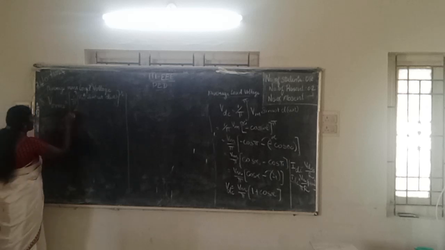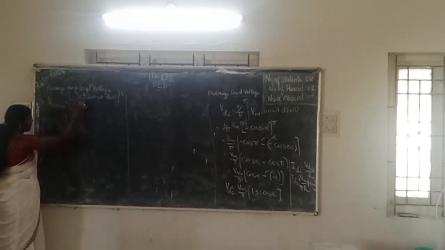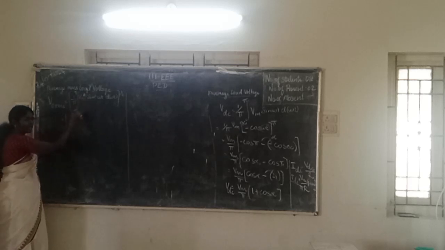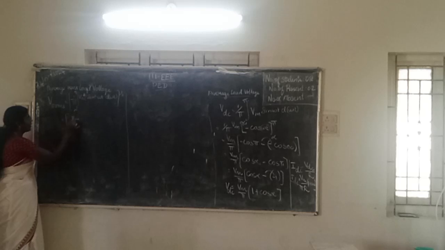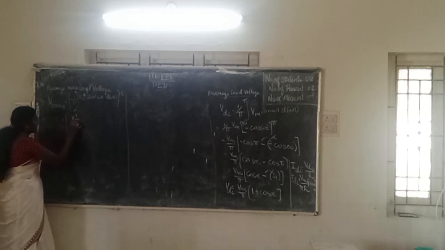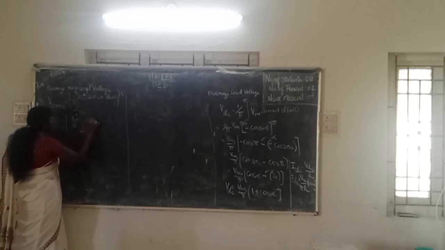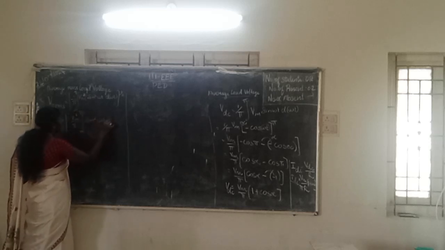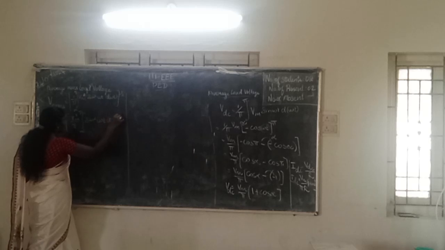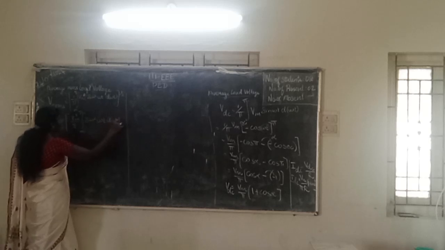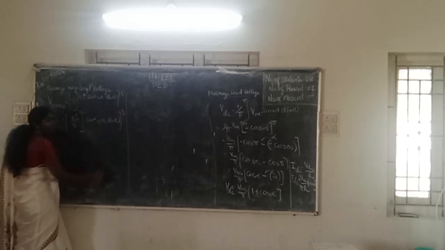So here we can take the Vm square outside, this constant, right? So I am taking it out of the integral. So it will become Vm square by pi integral of alpha to pi, sin square omega t d of omega t, the whole power 1 by 2.